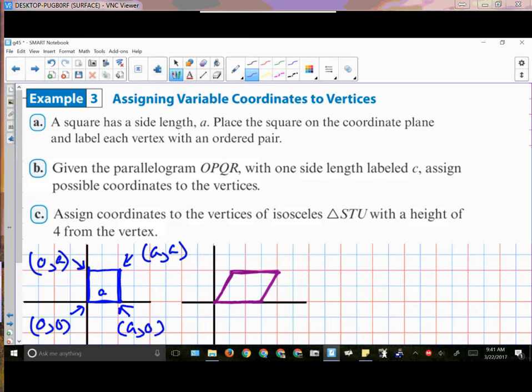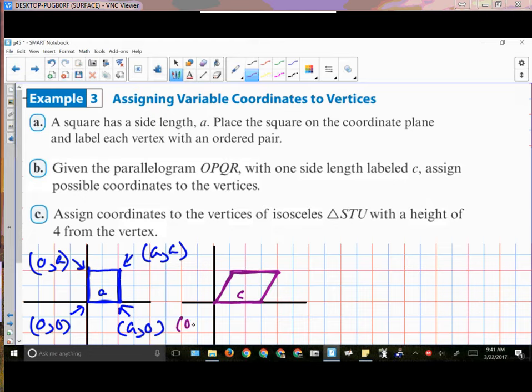Is that a parallelogram? I say it is, so therefore it is, correct? Now, it said that one side had to be length C. So if this is length C here, is this length C up there? Okay, so far so good.